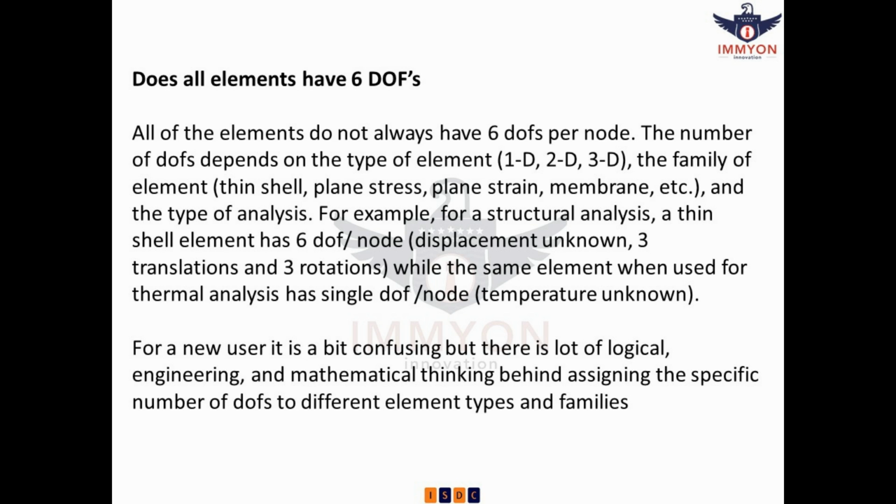For example, for a structural analysis, a thin shell element has 6 DOF/node, displacement unknown, 3 translations and 3 rotations, while the same element when used for thermal analysis has a single DOF/node, temperature unknown. For a new user, it is a bit confusing, but there is a lot of logical, engineering, and mathematical thinking behind assigning the specific number of DOFs to different element types and families.